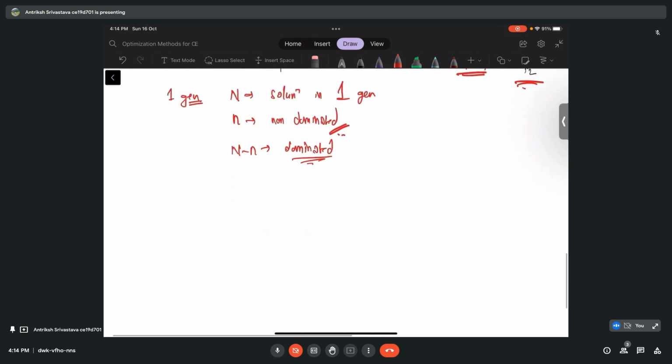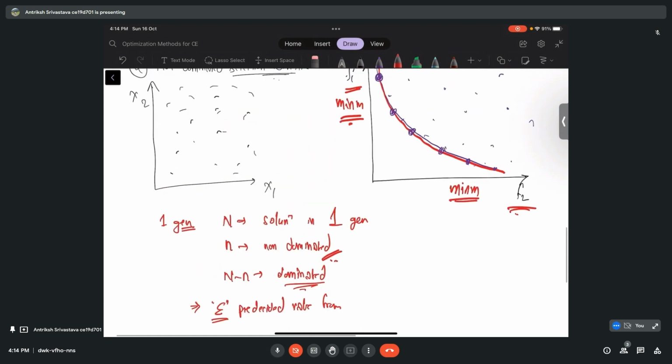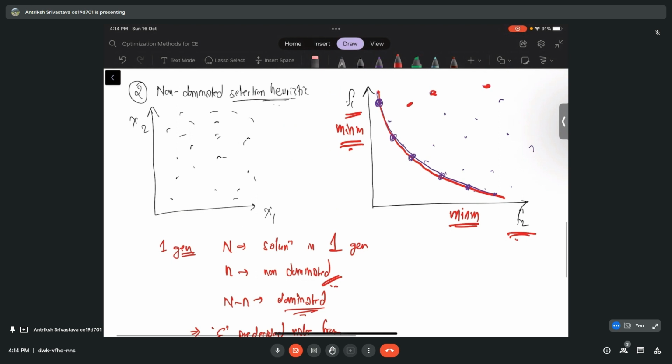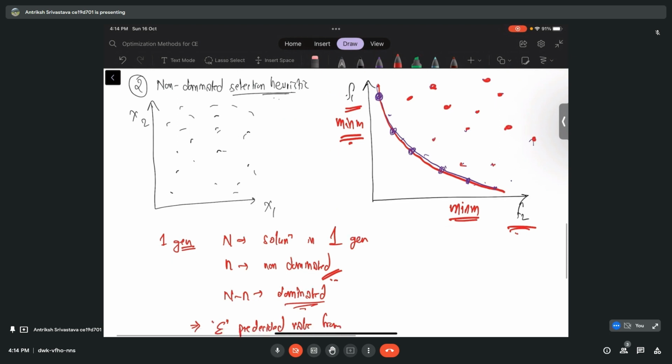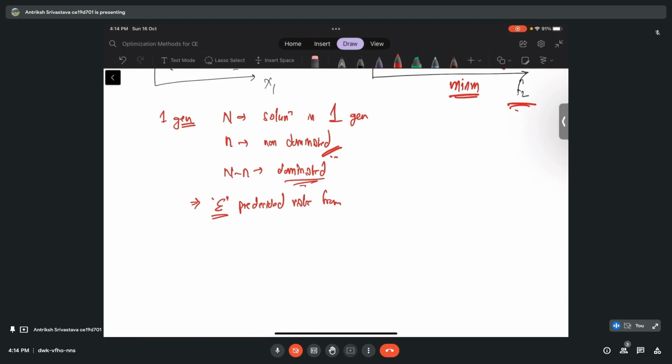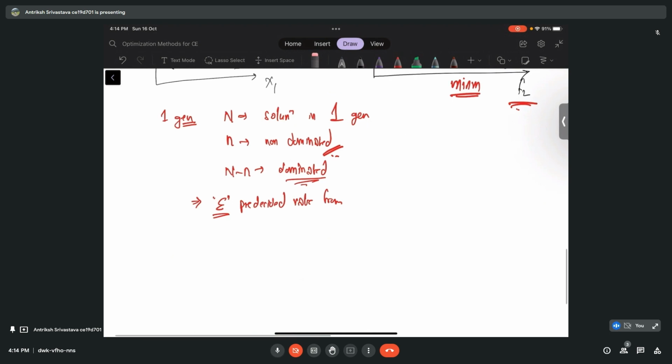What we do is subtract epsilon, a pre-decided value, from the fitness values of all these non-Pareto front points, or dominated points, one by one. How much have we reduced? We have reduced N minus n times epsilon.